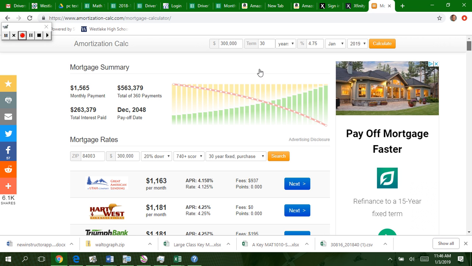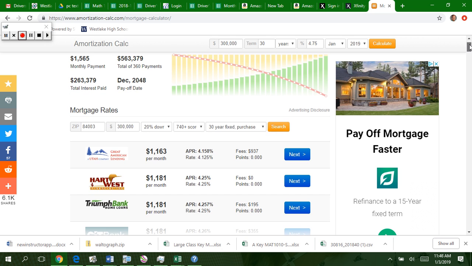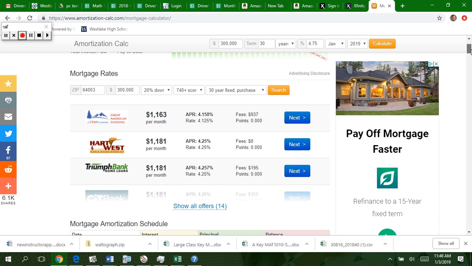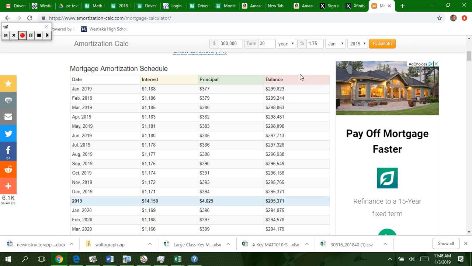I want you guys to see this. Some people think when I put that $1,500 in, how much am I going to go down? Everybody thinks I'm going to decrease by $1,500. In actuality, you have to pay the interest first.